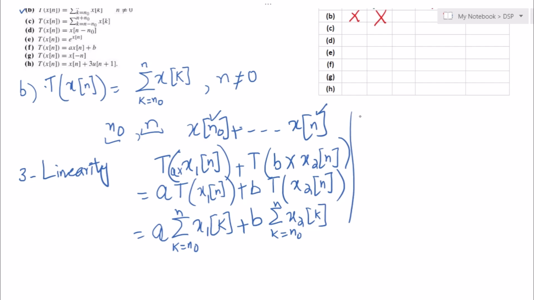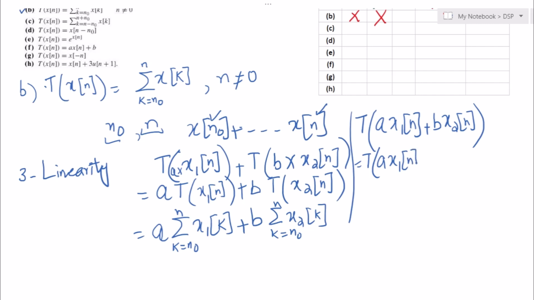Similarly, in order to see the other part of it, we have here T of a times x1 of n plus b times x2 of n. Ultimately, as this is the addition, it will be as it is, so it will be a times T of x1 of n plus b times T of x2 of n.